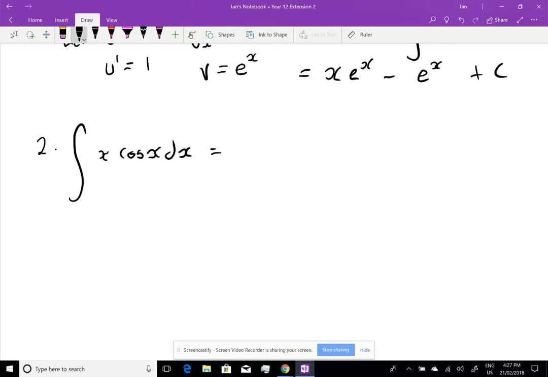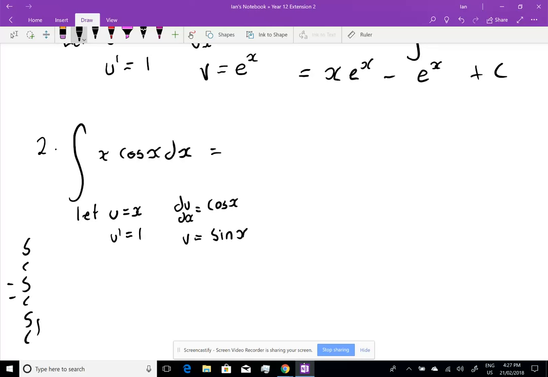Again, I think I want to get rid of that x, so I'm going to let u equal x, u dash equals 1, dv dx equals cos x. Now over here to my left, I go sine, cos, sine, cos, sine, cos, negative, negative, because it helps me integrate. So the integral of cos, which is going from here to here, is sine. So v is the integral of that, is sine x.